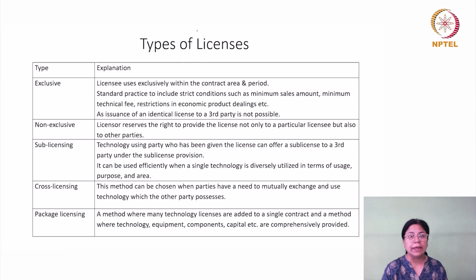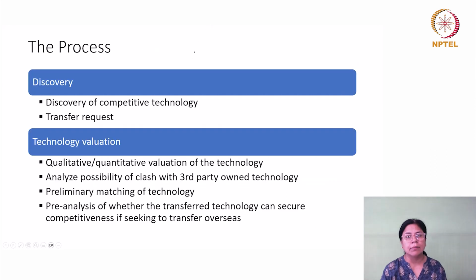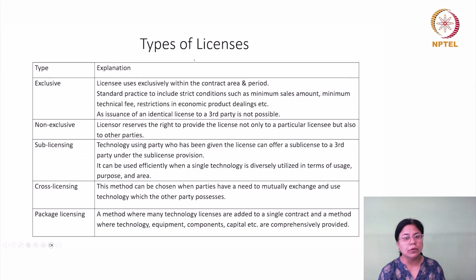Look at the types of license which are prevalent in the market, and here you will also see that this is not an exhaustive list, but some examples which are available. So one way to get into a transaction could be signing an exclusive license. Here a licensee uses the technology exclusively within the particular contract period or area.